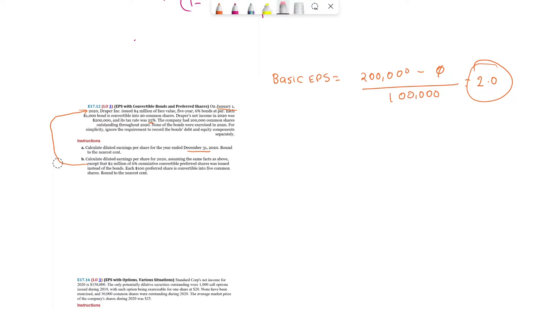The company could have preferred shares that can be converted into common shares. So we are deleting this part from the question and changing that to part B. Basic is not going to be changed, but actually basic will change too, because now we have a preferred share. So let's rework your basic earning per share.